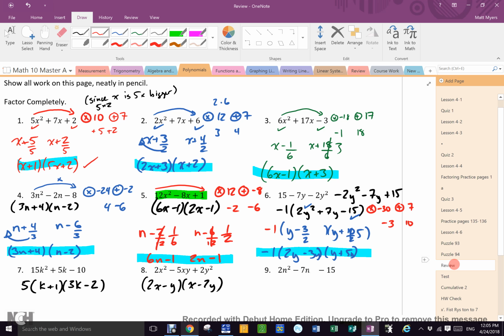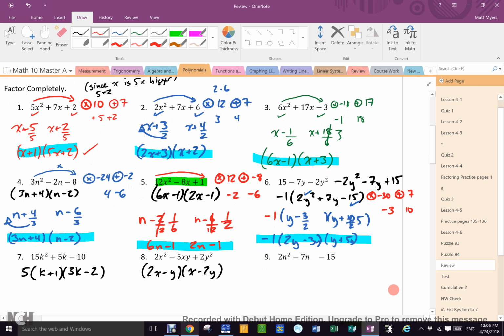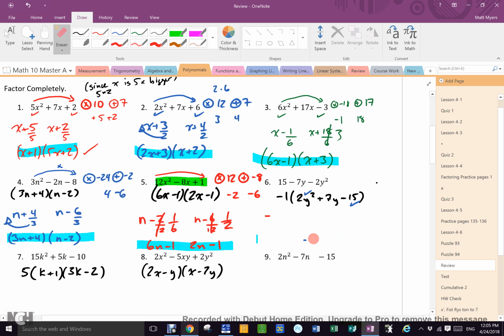Anything else from this page? 6, yes. Okay, 6 is another good one because there's 2 ways to do it. I personally can factor that. You guys like to see stuff looking the way you're used to seeing it.